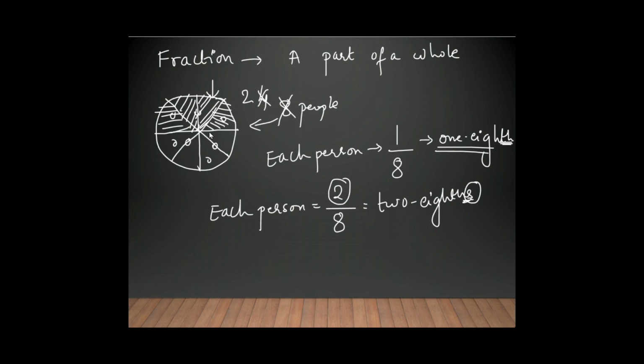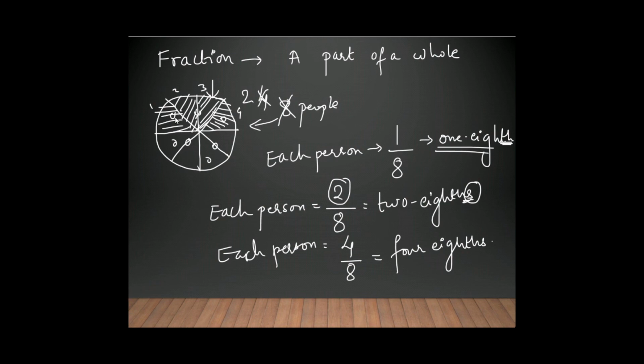Now if there are 2 people who are sharing the same pizza, each one of them will get half of the pizza, right? Because it's just shared by 2 people. Now there are 2 ways of representing this. If you count individual pieces, there are 4 pieces out of 8. So you can also say this as 4/8.